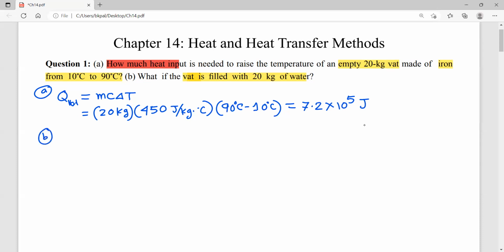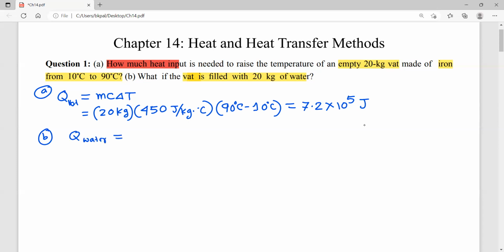And now the second one. The second one is basically the one we already have for the vat, and then we have to add the heat required for 20 kilogram of water. So let's first calculate separately for water, and then we can add them together.